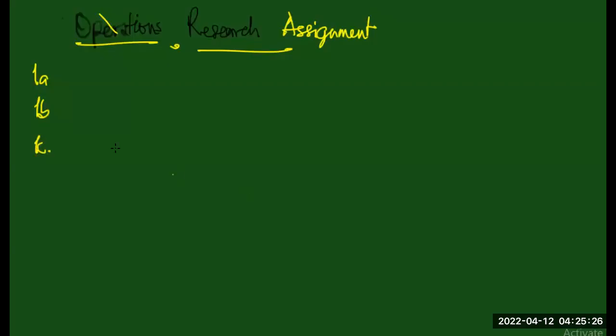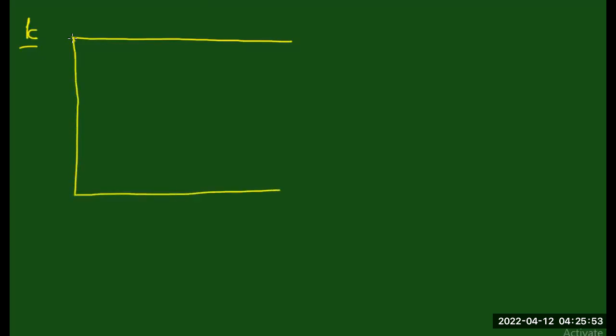Okay, so I'm drawing the table. For 1C, here's the table we are given. We have how many columns? 4 columns.